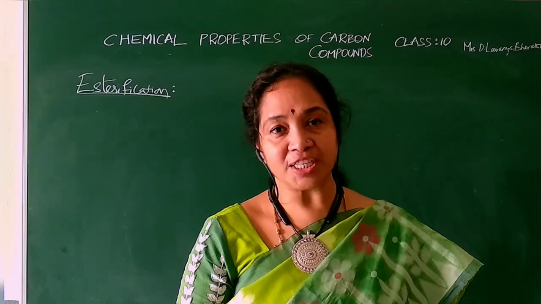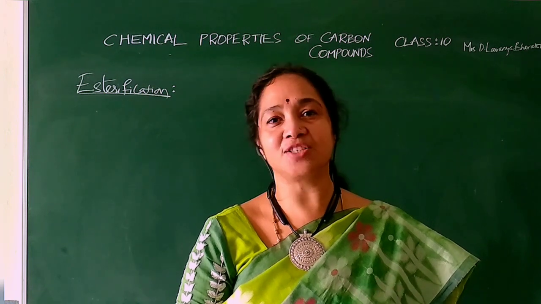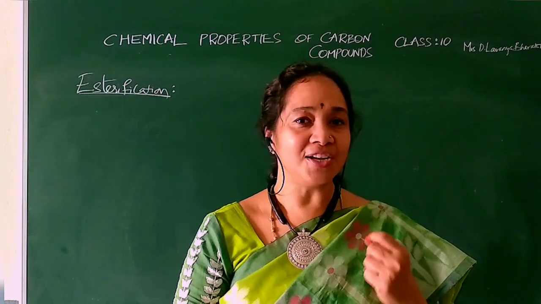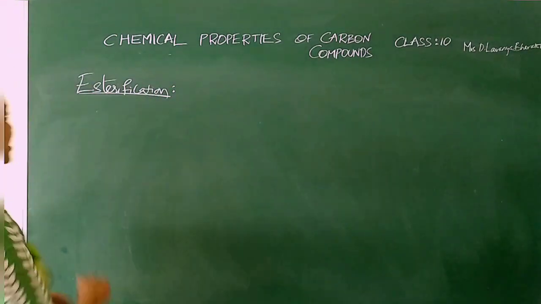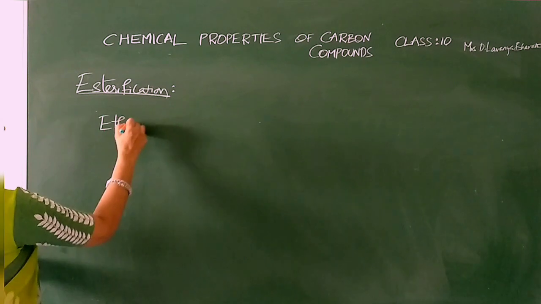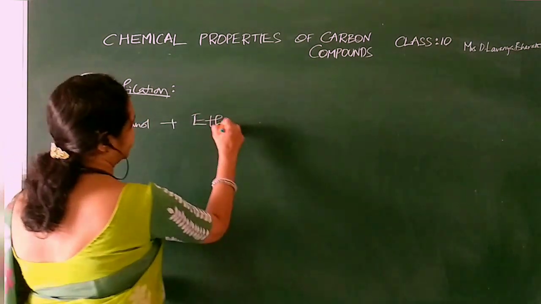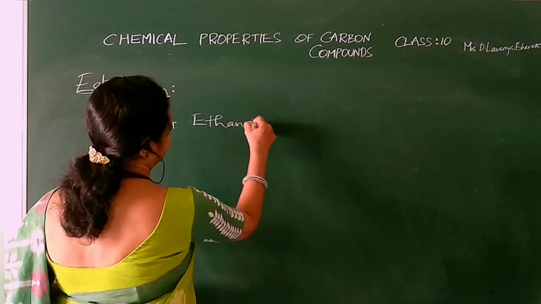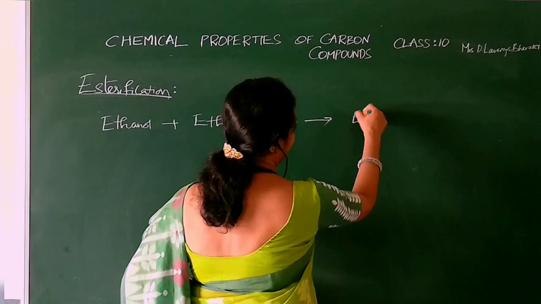So here I am going to explain how ethanol reacts with ethanoic acid in the presence of concentrated sulfuric acid to give ethyl ethanoate, which is an ester. So esterification, here I am taking ethanol plus ethanoic acid. It gives you the ester, ethyl ethanoate.